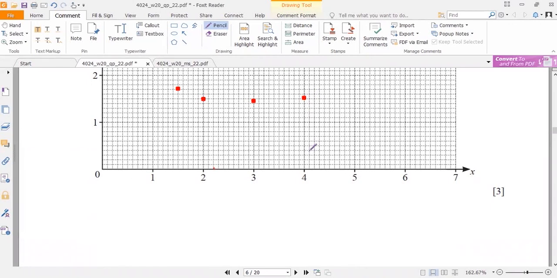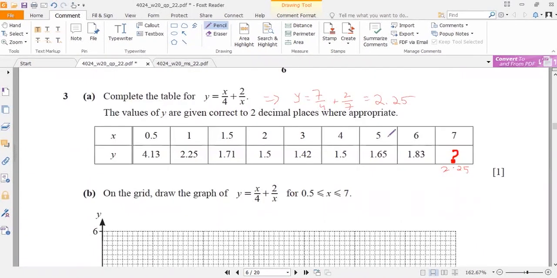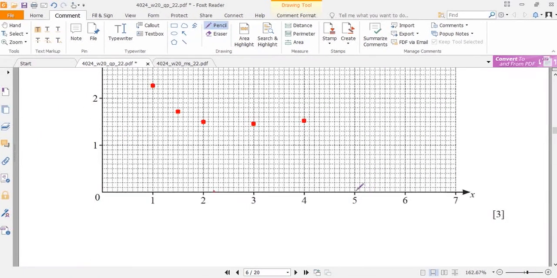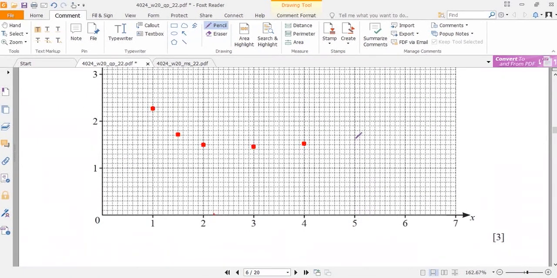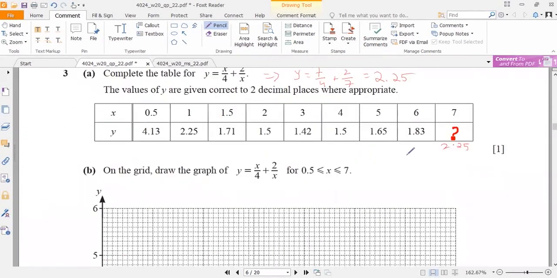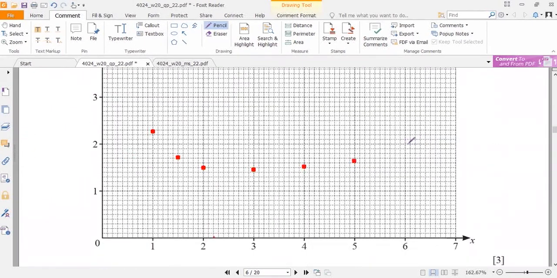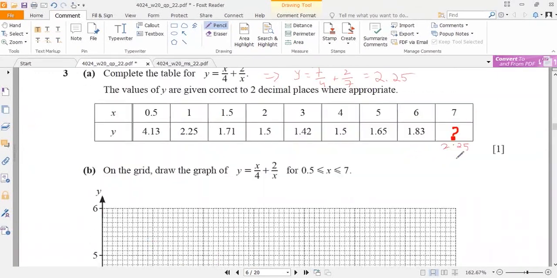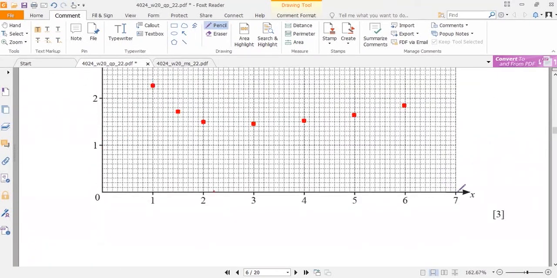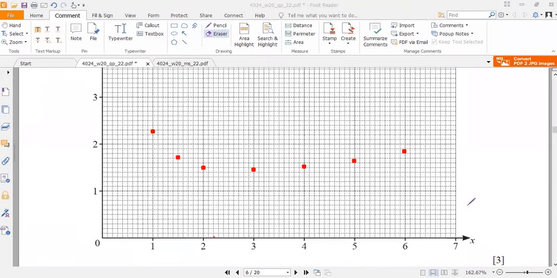It will be here. Then 5, 1.65 will be here. And then 6, 1.83. Okay. Then 7, 2.25. Okay, so let's join these points.